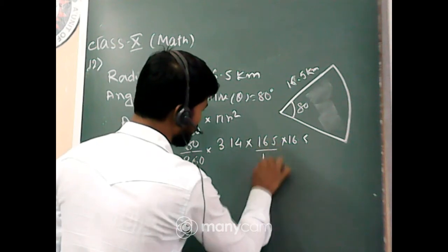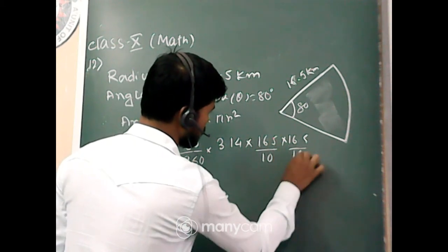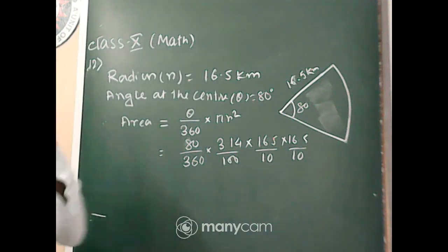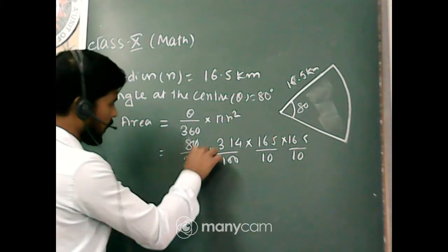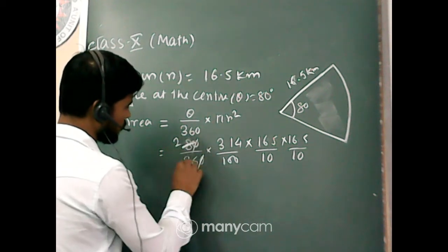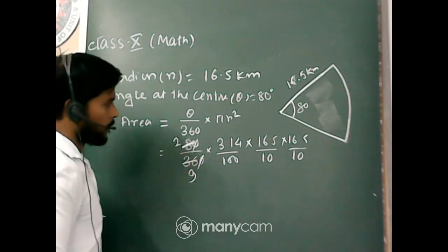Now remove the decimal point, and then do the calculation. Cancel the zeros, then 4 2s are 8, 4 9s are 36.